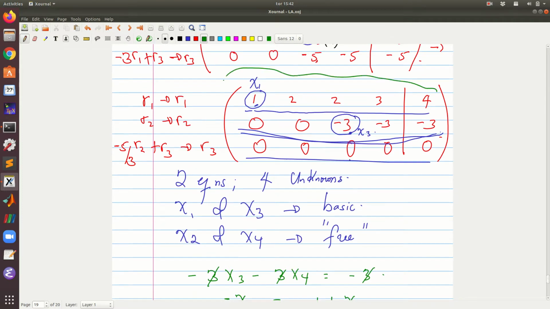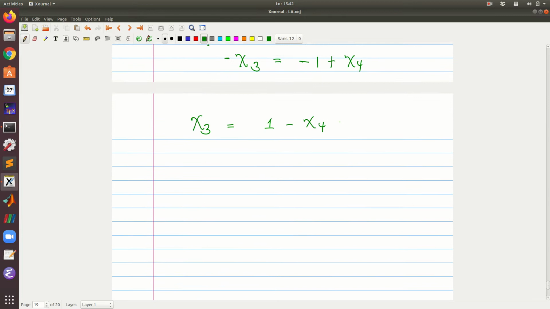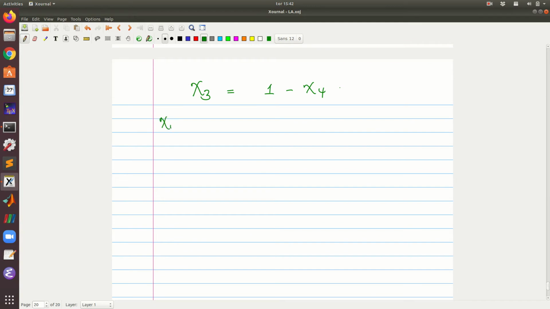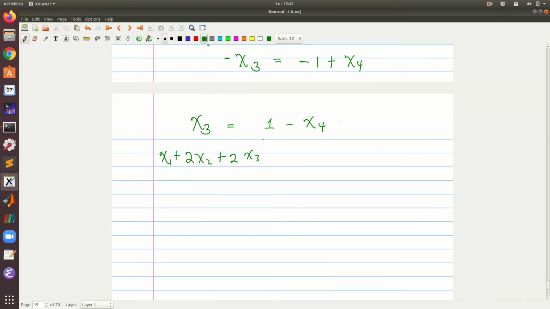And now from this equation here, we are going to write x1 plus 2x2 plus 2x3 plus 3x4 equals 4.